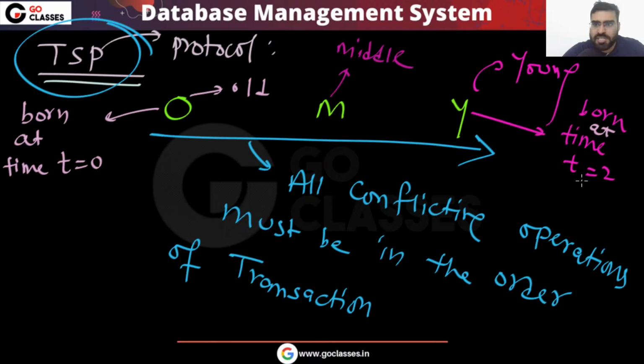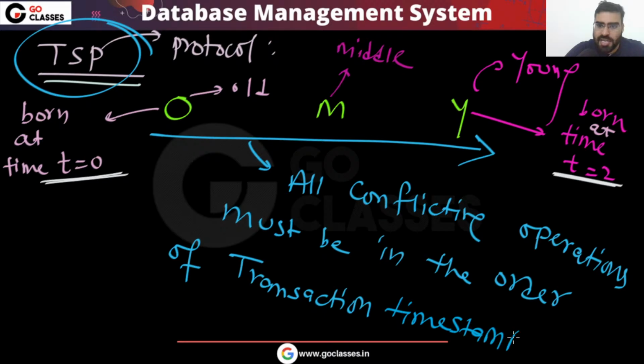Like this is the timestamp of transaction Y, and this is the timestamp of transaction O. So this should happen in the order of transaction timestamp, meaning in the order the transactions are born.